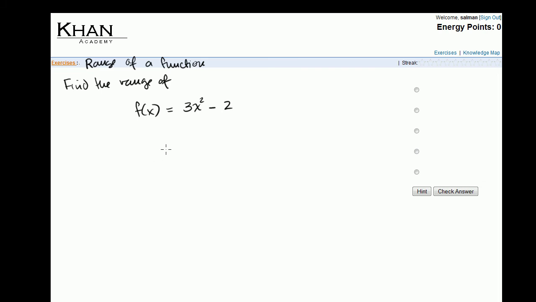And if the student clicks hint the first time, you could say the 3x squared term will always be non-negative, and even in parentheses, if we want, we could write greater than or equal to 0.